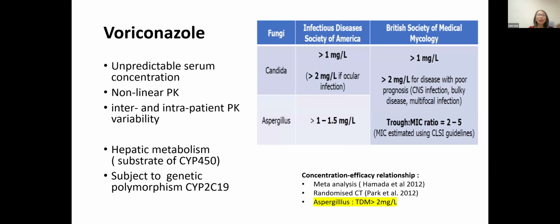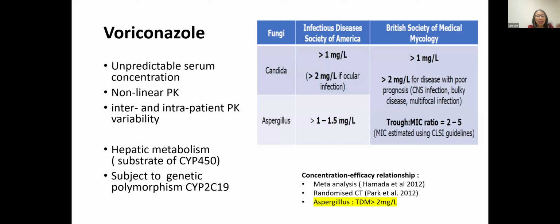Voriconazole is a very interesting drug, because it has very large inter- and intra-patient PK variability, and the pharmacokinetic profile is non-linear. Therefore, the serum concentration is not predictable. Most of it is metabolized via the CYP450 enzyme in the liver.